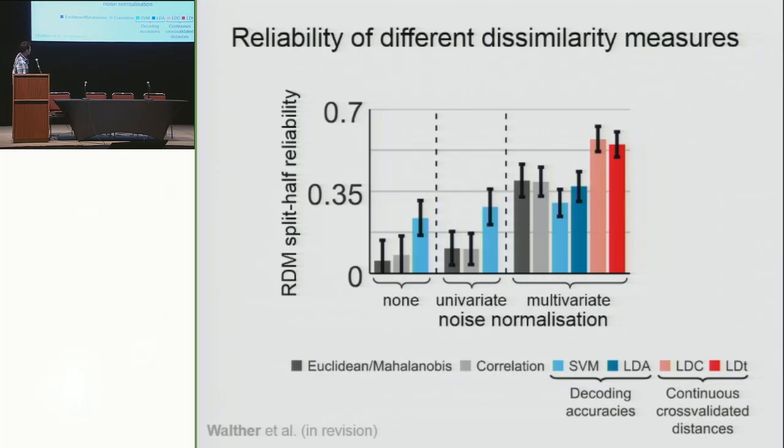And here we have the continuous cross-validated distances, LDC and LDT. And what we saw in general was that the multivariately normalized distances performed much better than the univariately or unnormalized distances, and also that these continuous cross-validated distances were particularly reliable.